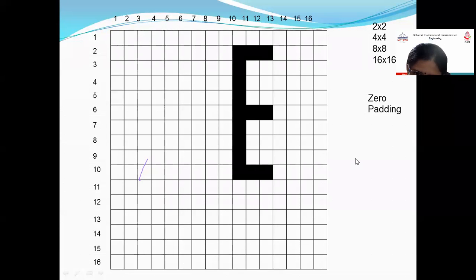So an important point about the split and merge technique is that you should convert the image size into a size which is in powers of 2. Given image size 11 by 11 is not a power of 2. So we need to add 5 columns and 5 rows with 0 value to this image.